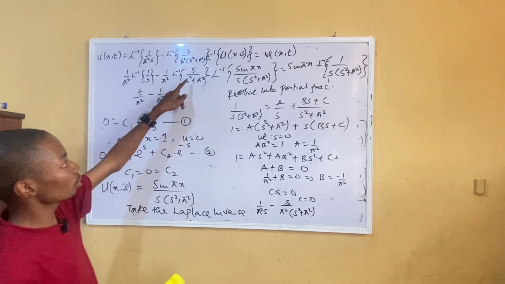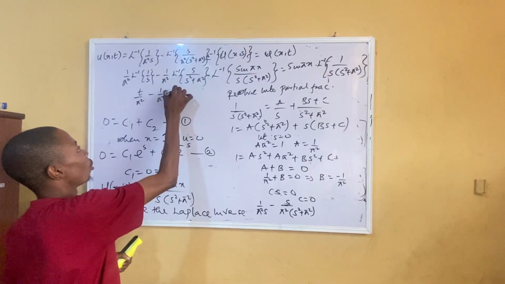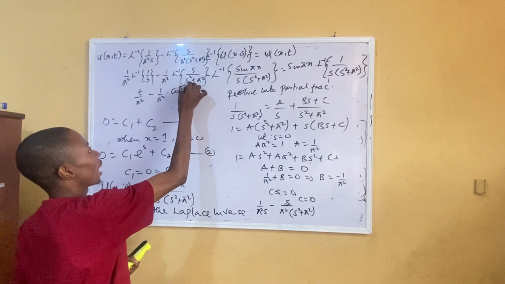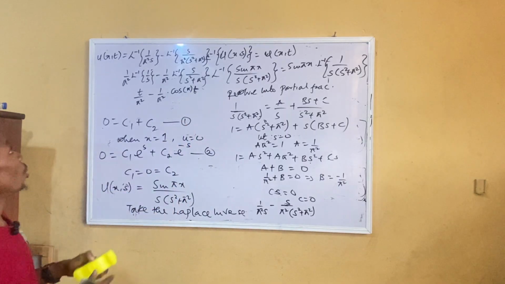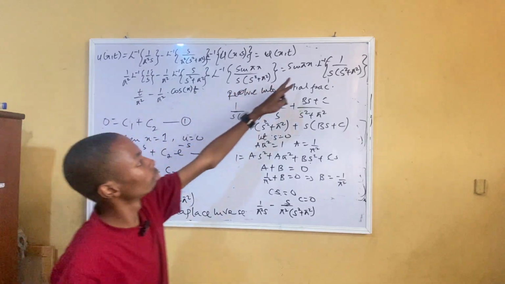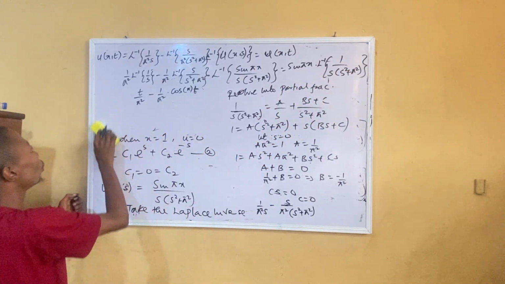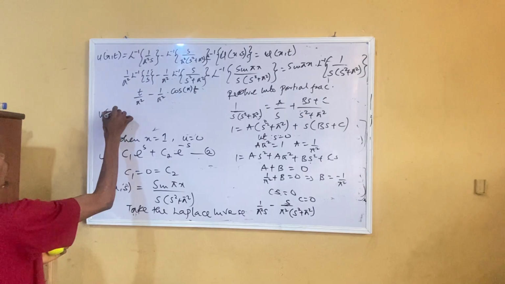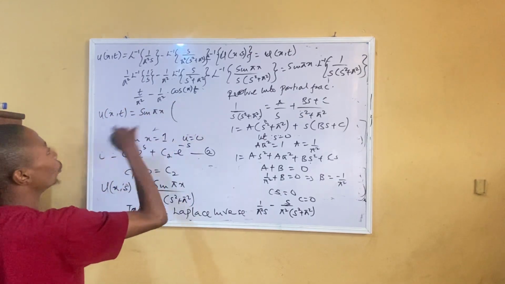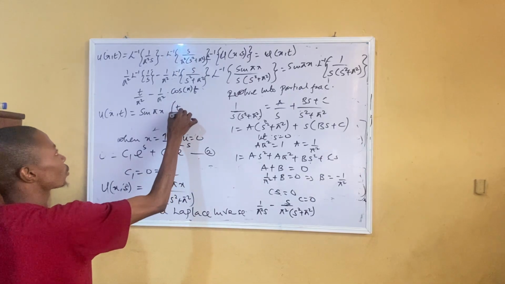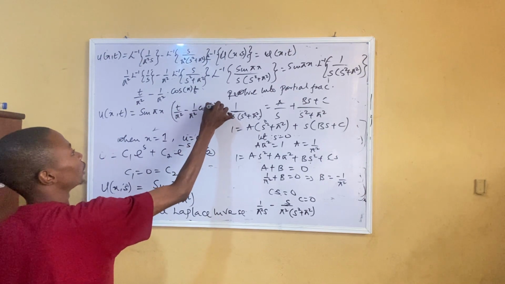What is the Laplace inverse of s over s squared plus pi squared? That's cos. So this will be cos pi t, because a function of s will transform back to a function of t. Then you multiply it by sine pi x. So u of x comma t is equal to sine pi x into t over pi squared minus 1 over pi squared cos pi t.